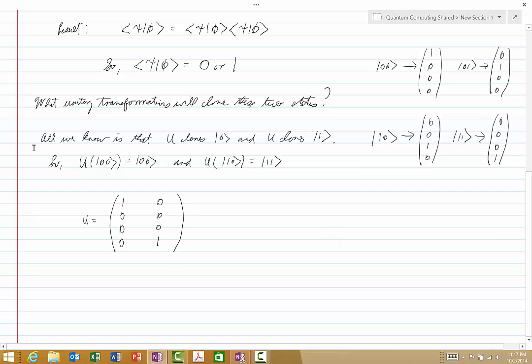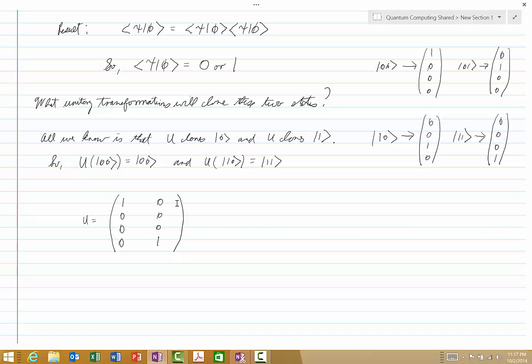And now for the second and fourth columns, we need to pick these so that we still have a unitary matrix. Remember that for a unitary matrix, all of the columns must form an orthonormal set, and all of the rows must form an orthonormal set.